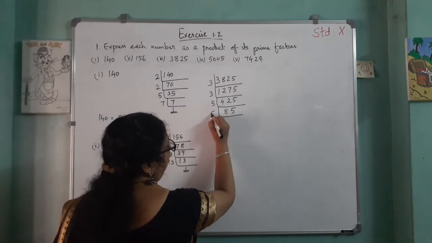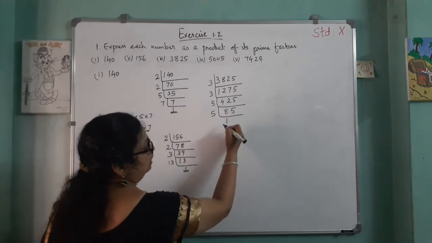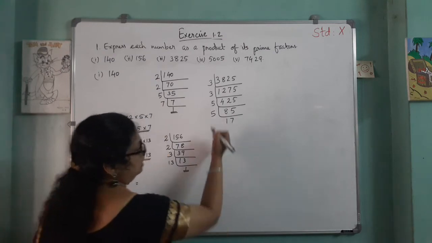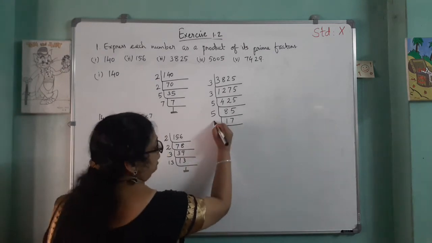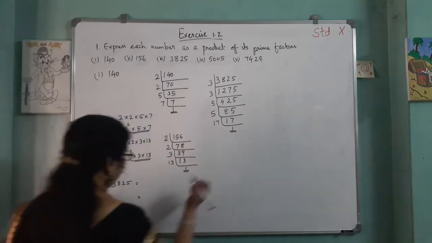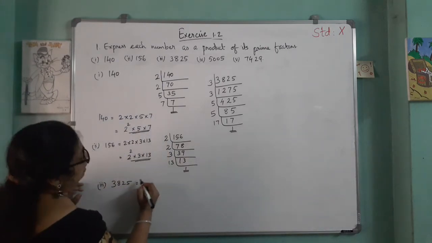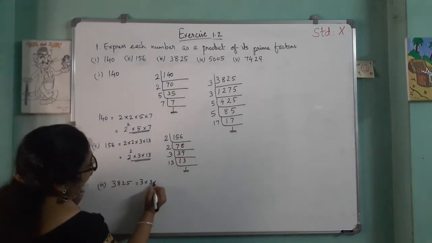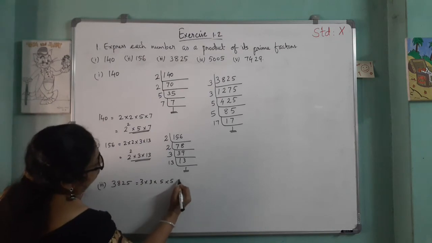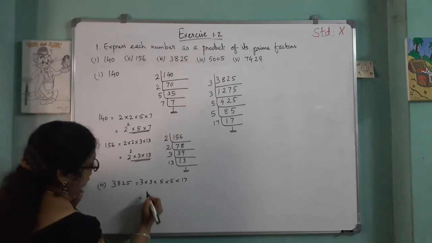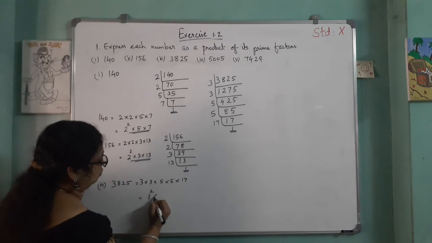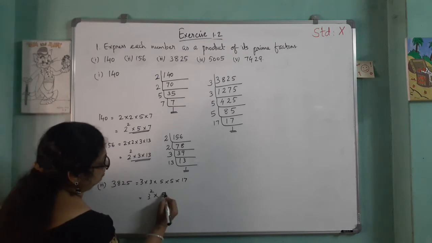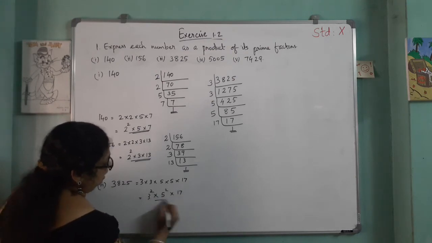Again we take 5, then 1 times 5, 35, so 7 times 35. 17 is a prime number, so 17 taken outside. So this can be written as 3 into 3 into 5 into 5 into 17, that is 3 square into 5 square into 17.